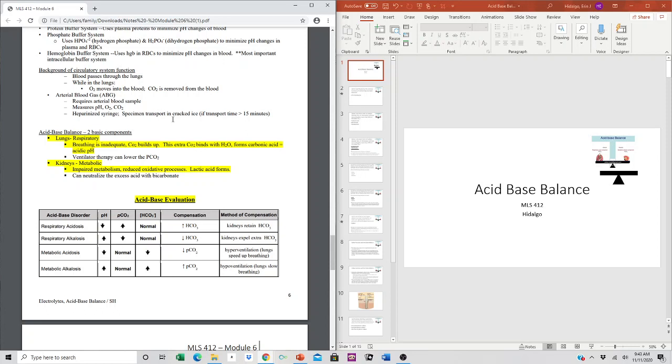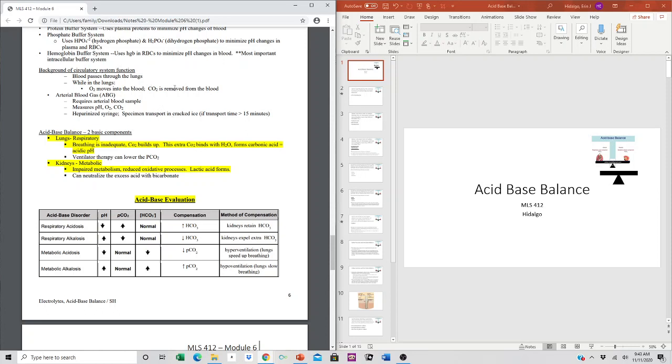Okay, a little refresher of the main circulatory system. Blood passes through the lungs. While in the lungs, oxygen moves into the blood and CO2 is removed from the blood. The reason that we go back over this background is thinking about if we are going to say that the lungs are going to compensate for something by speeding up breathing, then we want to think about what's happening when we speed up breathing.